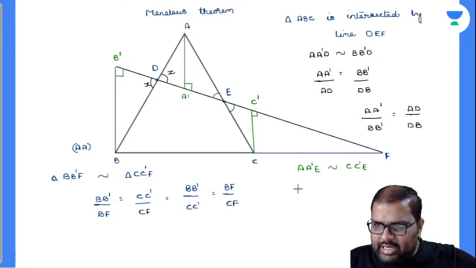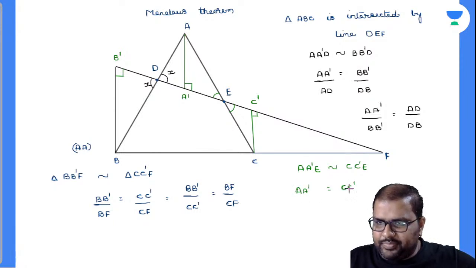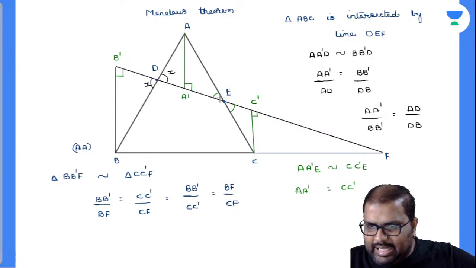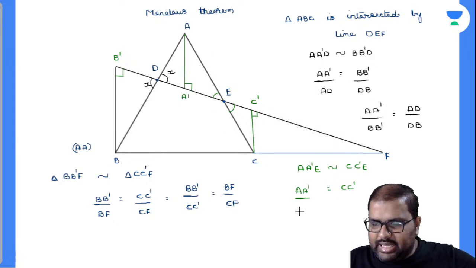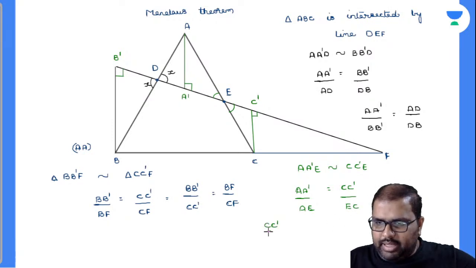So again here AA dash is similar to CC dash, and again see here AE by EC. So finally, can I write down like this: CC dash by AA dash is equal to EC by AE.